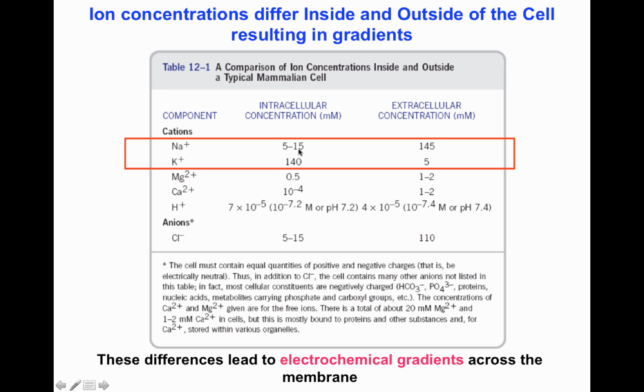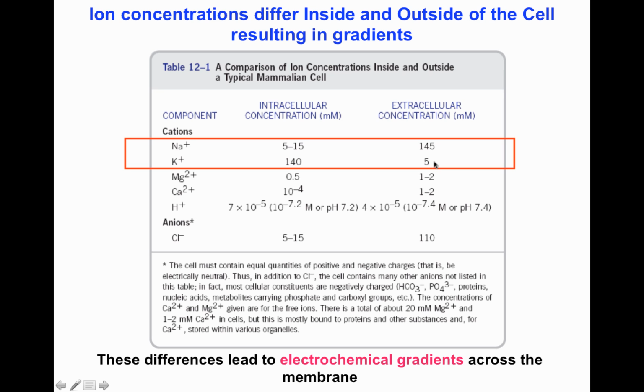However, that is very different from the extracellular concentration of sodium, which is 145 millimolar. So usually in a cell, the concentration of sodium outside of the cell is much greater than inside the cell. On the other hand, the concentration of potassium inside the cell is about 140 millimolar, which is much greater than the concentration of potassium outside the cell, which is around the 5 millimolar range.